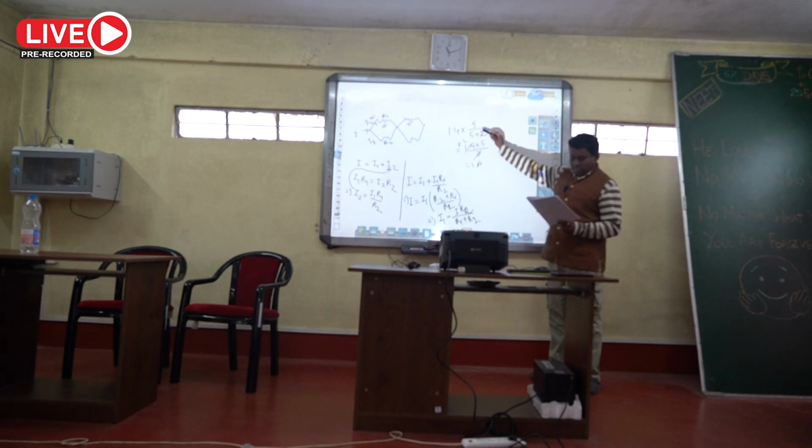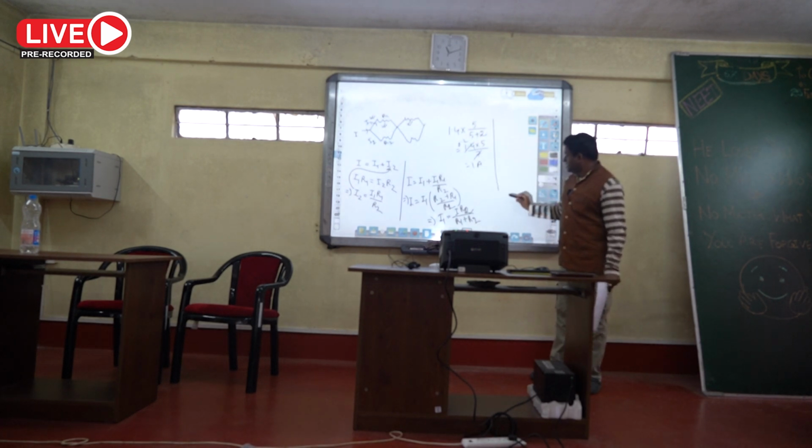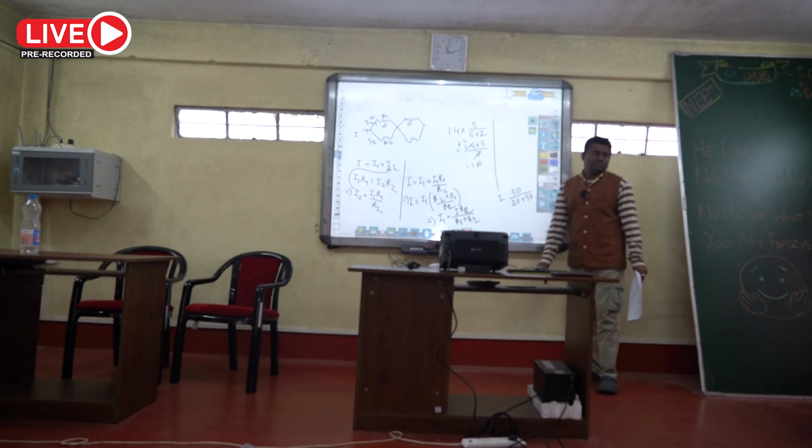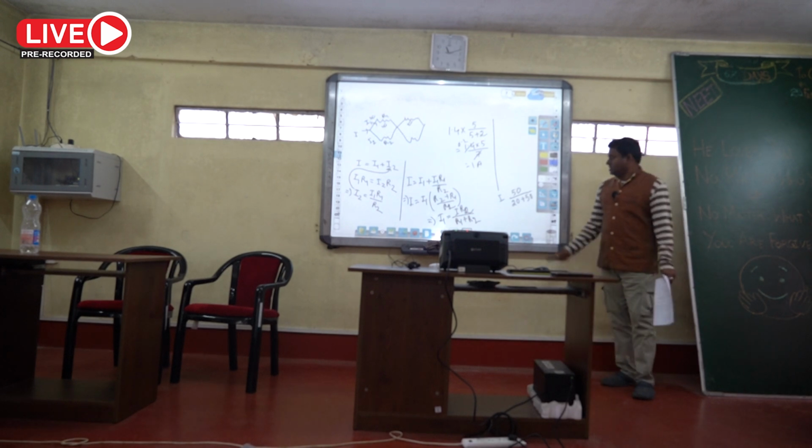So I is there, R1 is 20, and R2 is 50. So I use that ratio directly. 50 by 20 plus 50, that is 50 by 70, 5 by 7. I use that.